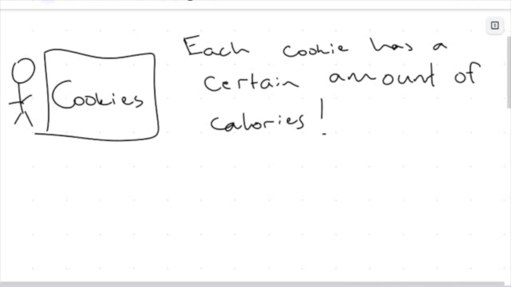So let's say on the back of my cookie box, I have that there are 200, let's do a smaller number. Let's say 100 calories per cookie. Okay, so I'm going to get 100 calories of energy per each cookie.